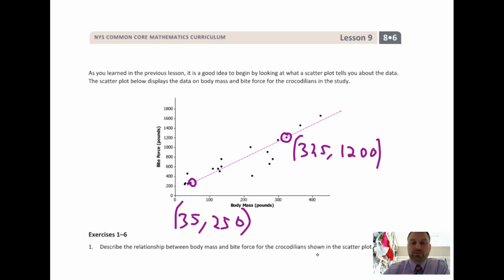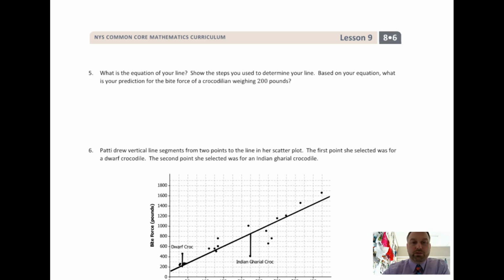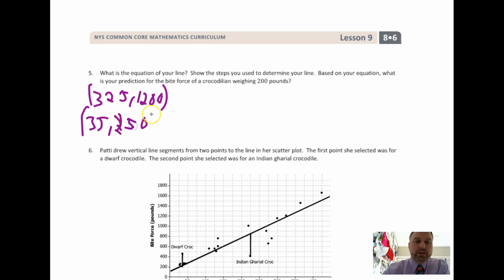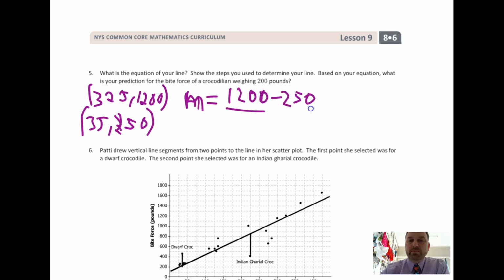All right, so 325, 1,200, and the other one was 35, 250. When you have two ordered pairs, whether it's two points or a table of values, the first thing you do is figure out the slope. That's m. So you'd take 1,200 subtract 250, all over 325 subtract 35.